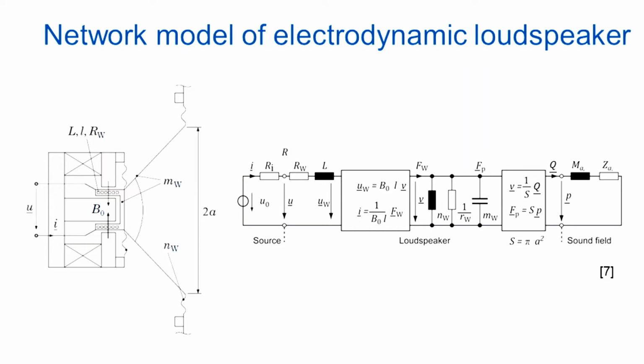It should also be taken into account. After that, we should think about the transformer. We have a force factor, the relationship between the voltage and the velocity, and at the same time, the relationship between the current and the force.